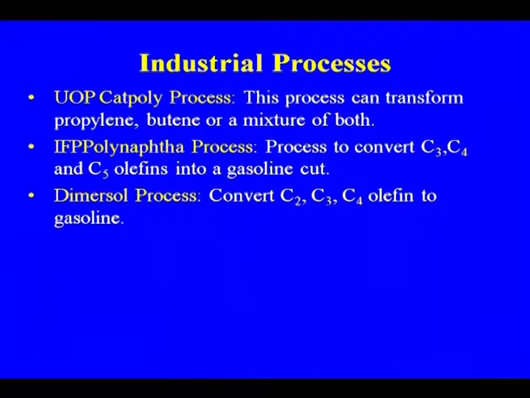Then the Dimersol process converts C2, C3, C4 olefins to gasoline, because in all these cases we are using C3, C4 and C5 olefins available from the FCC gases, and that can be used for improving the octane number, and we can utilize these gases which are still not being used in many of the refineries.